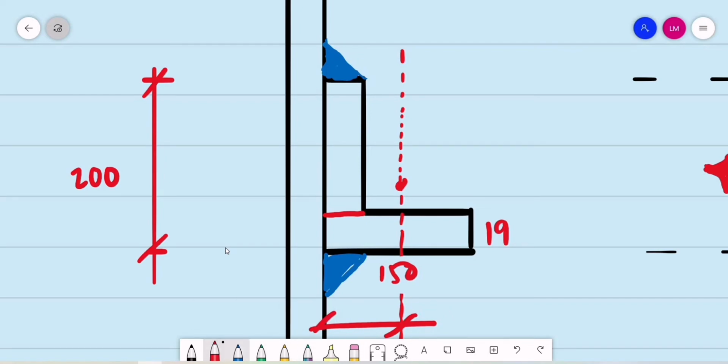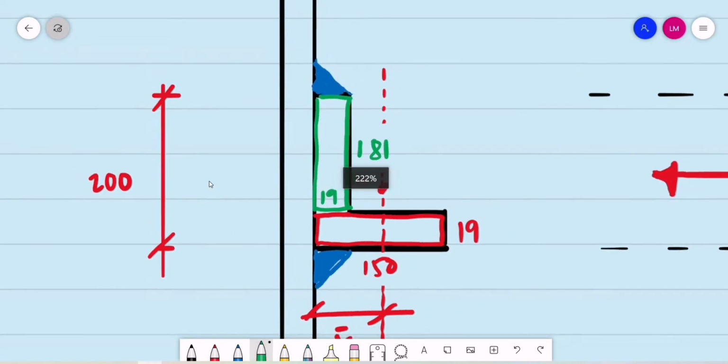So this is one of our rectangles. Then the other rectangle is this one. So that is 200 millimeters minus 19 mm. 200 minus 19 is 181 mm. Okay, then also 19 millimeters thick.